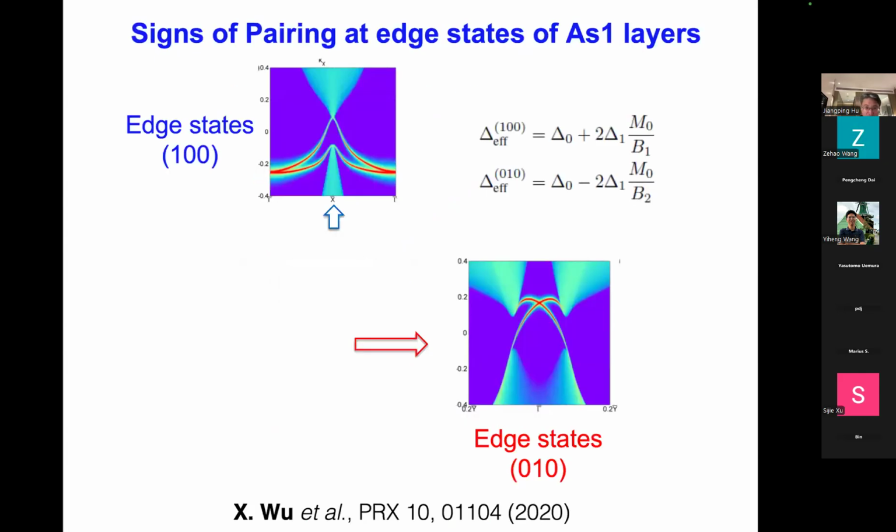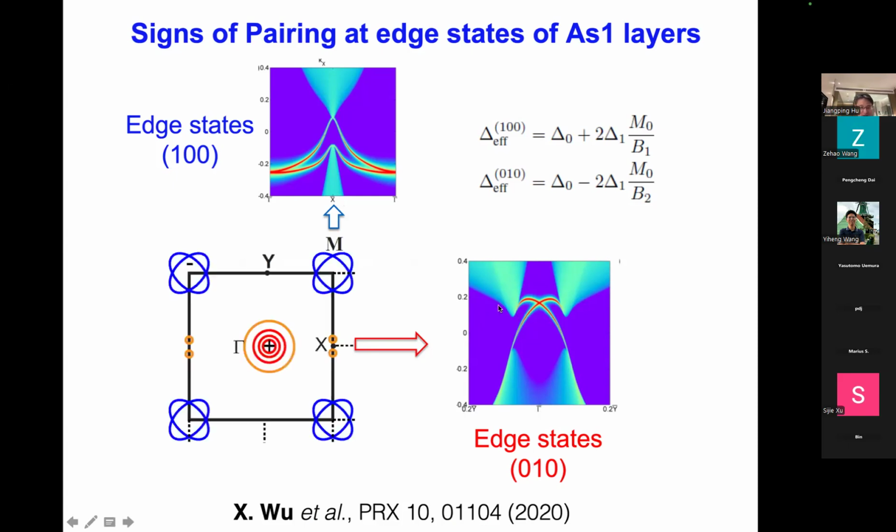Actually, this is pretty simple. If you look at the edge state in the 100 direction, the Fermi surface is located at the X point. And if you go to the edge state in the 010 direction, the Fermi surface is located at the gamma point.